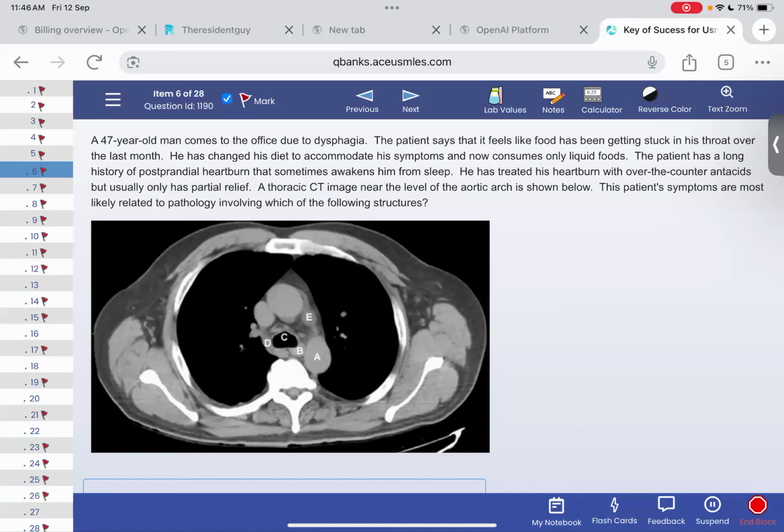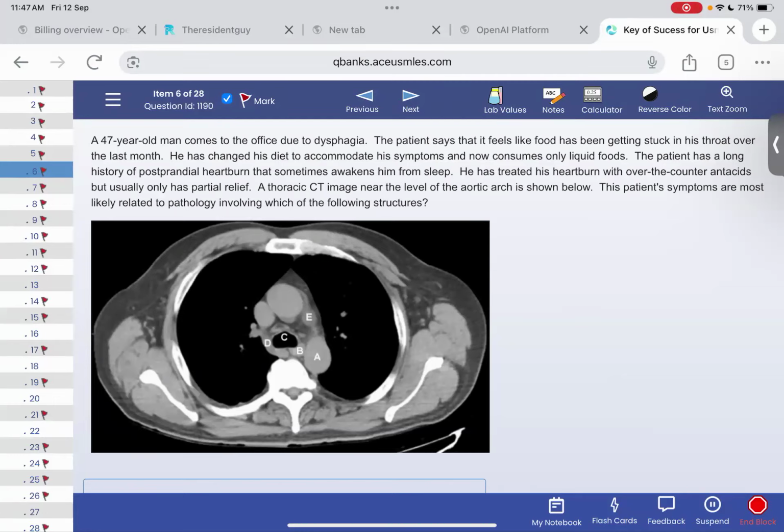Okay, doctor, go ahead. These patient symptoms are most likely related to the pathology involving which of the following structures. A 74-year-old man comes to the office due to dysphagia. The patient says it feels like food has been getting stuck in his throat over the last month. He has changed his diet to accommodate his symptoms and now consumes only liquid foods.